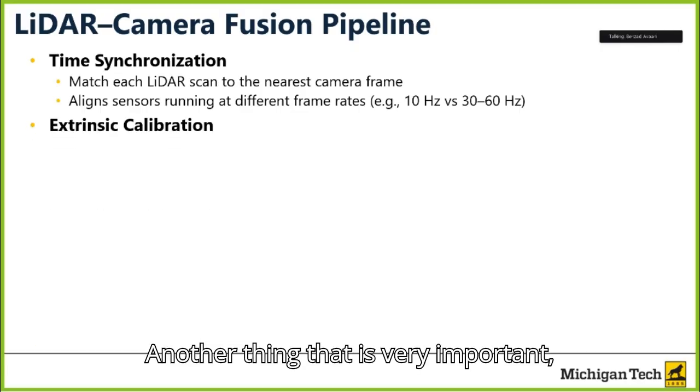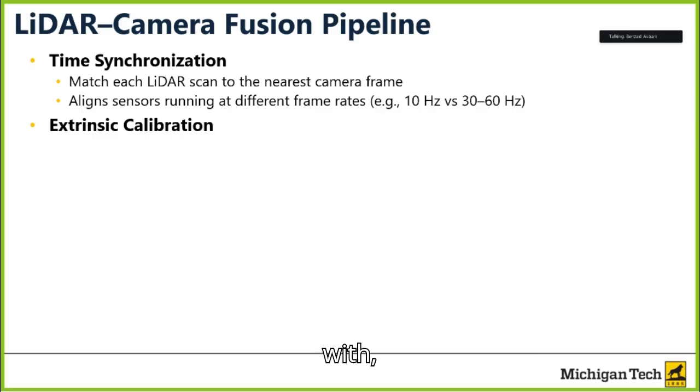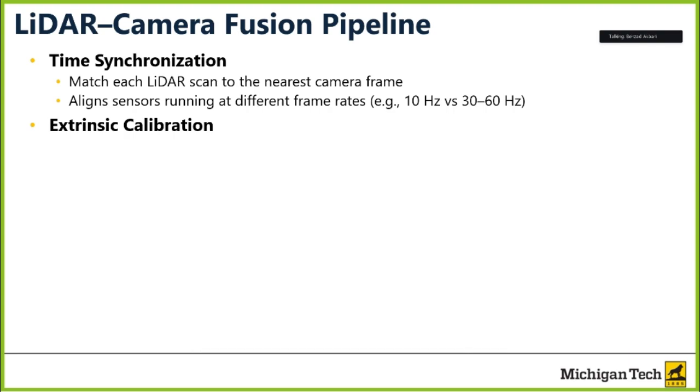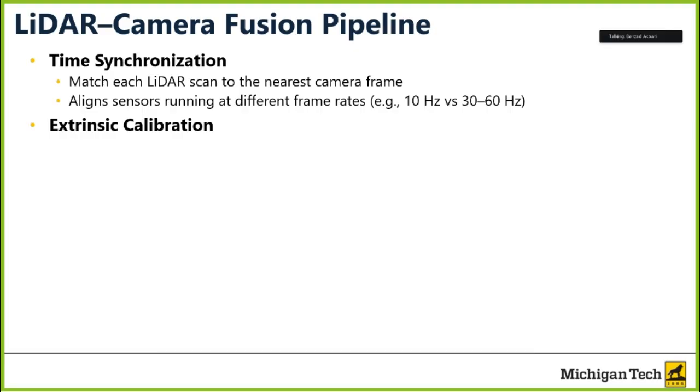Another very important thing is that if you don't have information about the position of the camera, that is extrinsic information. So calibration in terms of extrinsics is another step, and it is one of the most important parts.